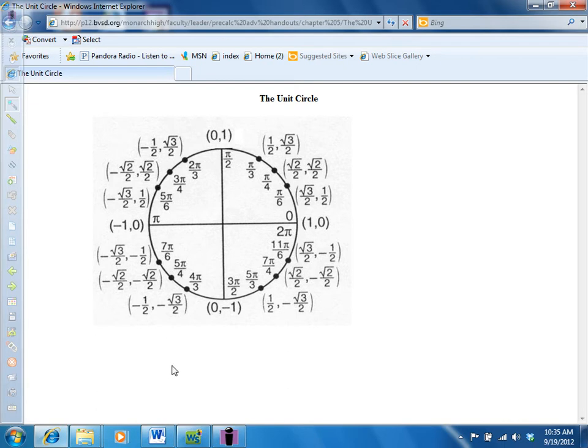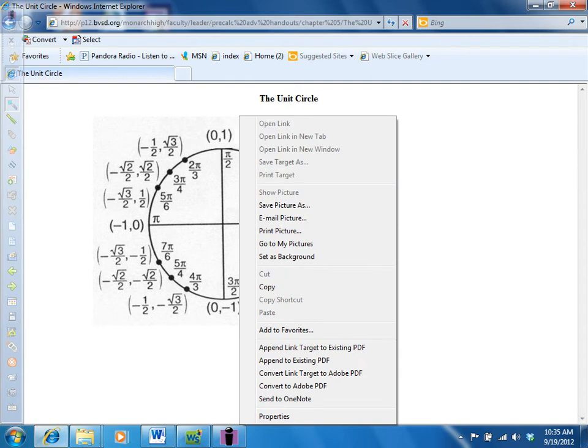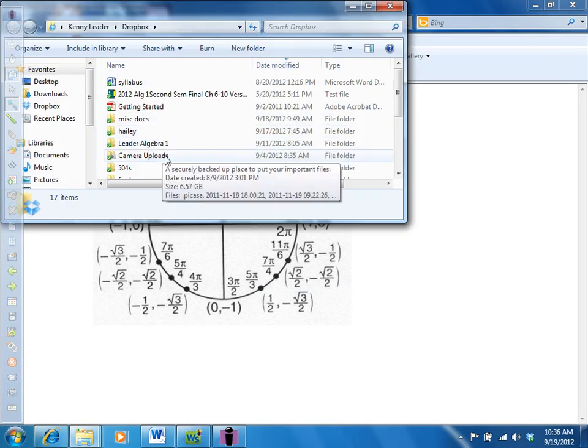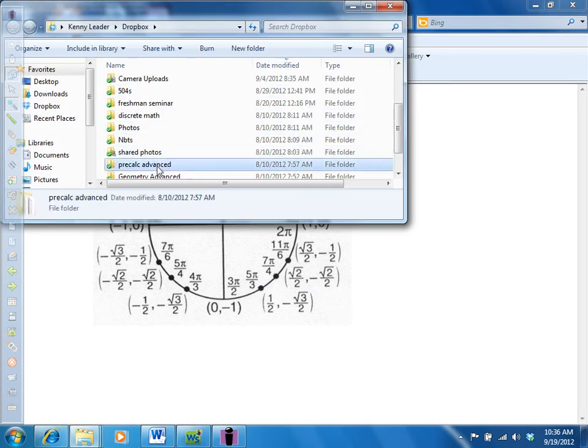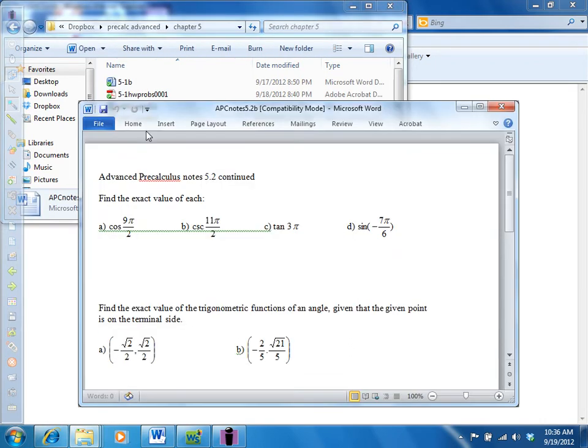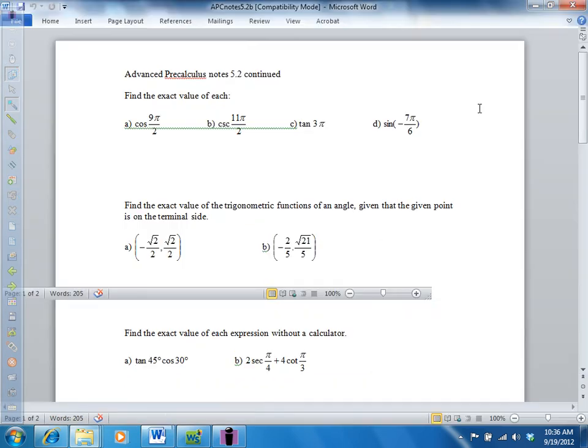Okay. So now, can I copy this picture? Save picture as, I don't know where you could go. Oh, copy. Okay. So now I'm going to bring up your note sheet, which is right here, chapter 5, 2 notes B. And I'm going to make that bigger.